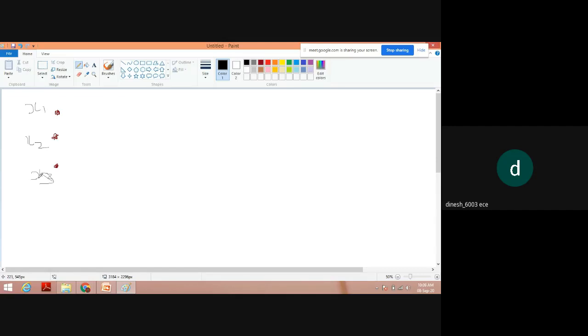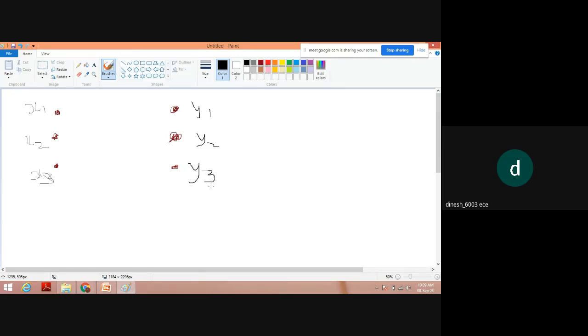So these are the 3 input points. And we have 3 output points. Take a brush. So assume these as 3 points with outputs y1, y2, and y3.